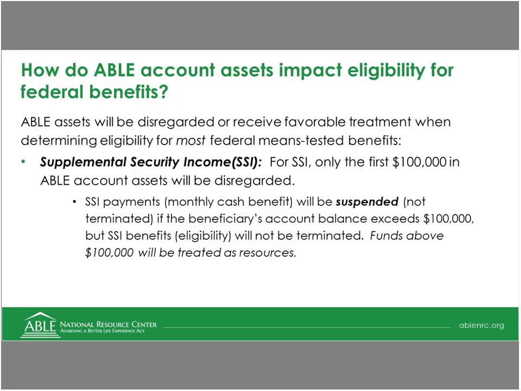What the law states is that only the first $100,000 in the ABLE account is actually disregarded. So, in terms of SSI, that cash payment that people receive as a result of being a beneficiary of SSI, once the account exceeds $100,000, that cash benefit will be suspended but not terminated until such time as the balance of that account falls back below that $100,000 threshold.